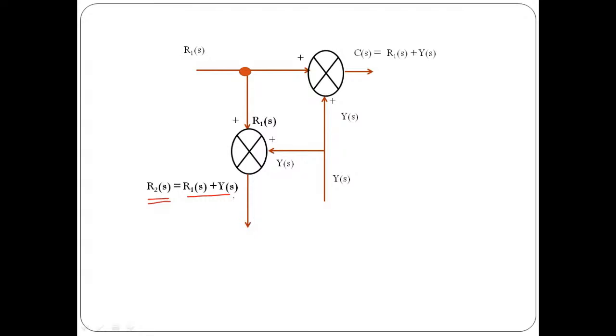Rule number 1, rule number 2, 3, 4, 5, 6, 7 up to 10. Understand them, understand their physical significance, and if you are comfortable with each and every rule, then we are going to start numericals on block diagram reduction technique. That is very important.